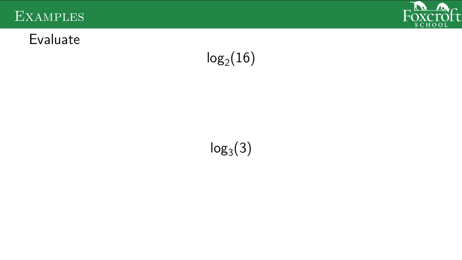So here's a few examples. Log base 2 of 16. The question we're asking ourselves is 2 raised to what exponent equals 16? And again, just do a little guess and check. 2 squared is 4. That doesn't work. 2 cubed is 8. That doesn't work. 2 to the 4th is 16. And that's exactly what I want. The answer is 4. And the reason, again, is because 2 to the 4 equals 16. Log base 3 of 3.